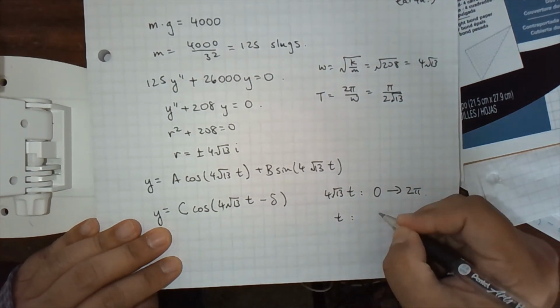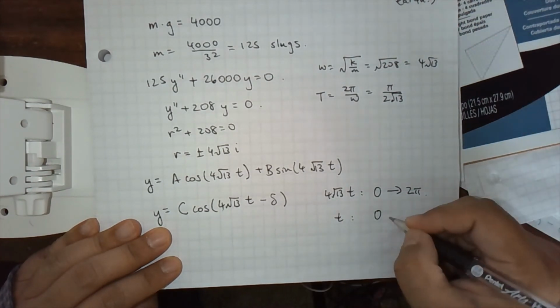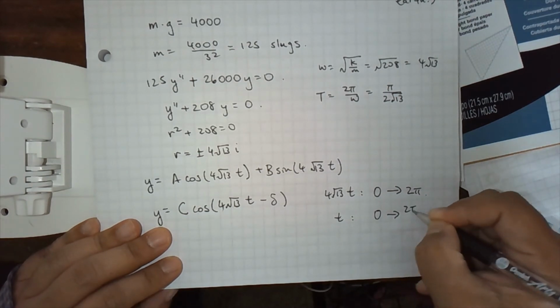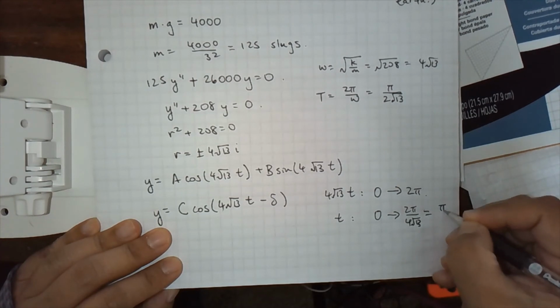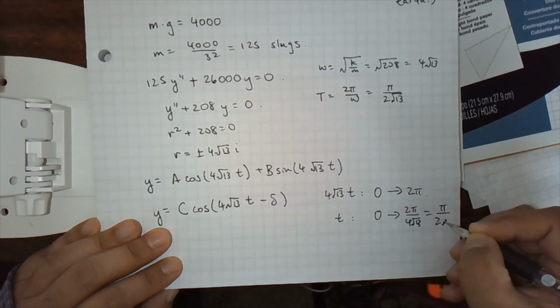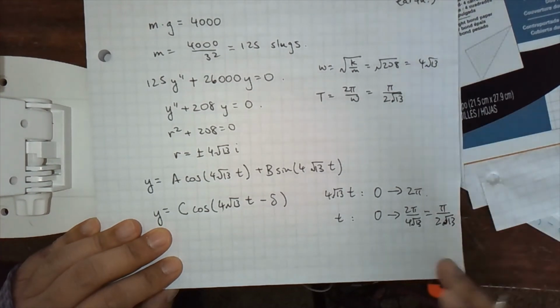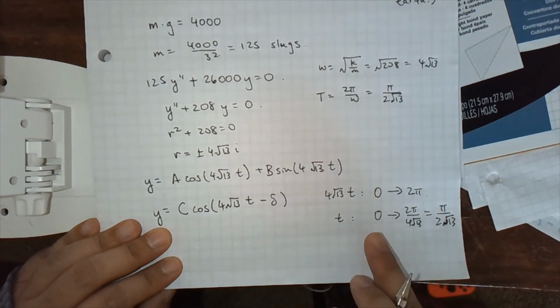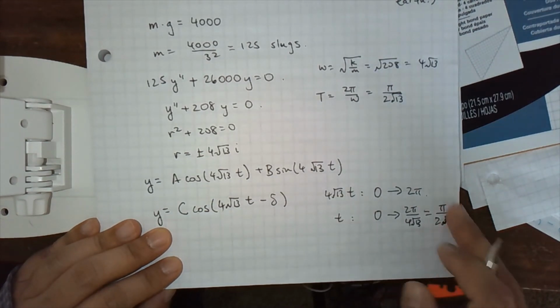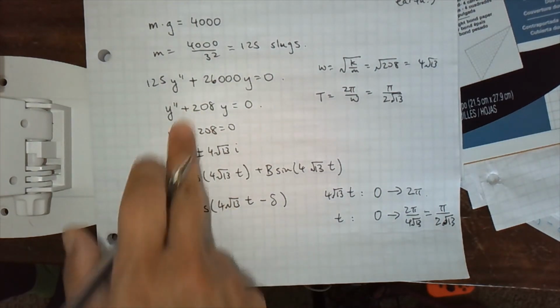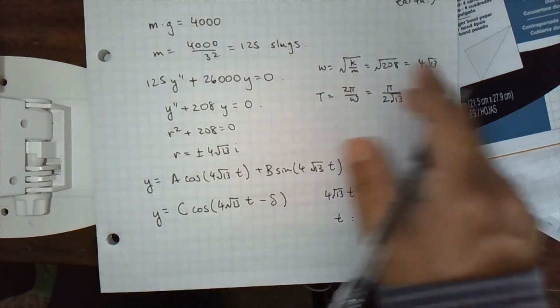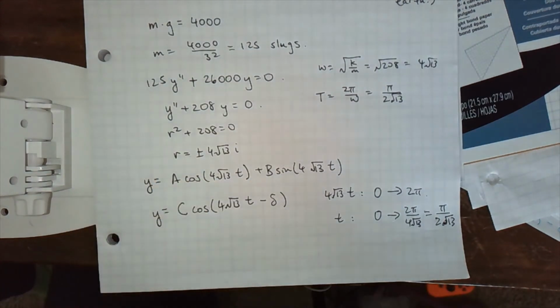So t will go from 0 divided by 4 root 13, which is 0, to 2 pi over 4 root 13, which is pi over 2 root 13, which is the same period I got here. T goes from 0 to this, so that length is the period. You don't have to do this extra work if you have this stuff memorized, but this does show where all that comes from.